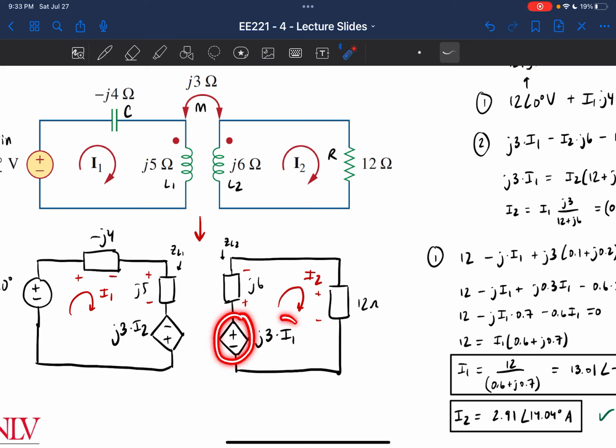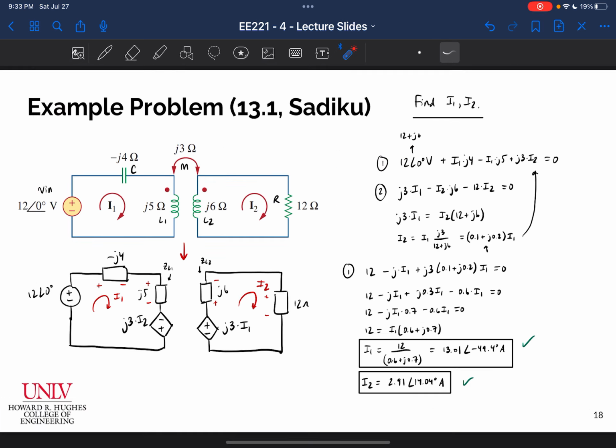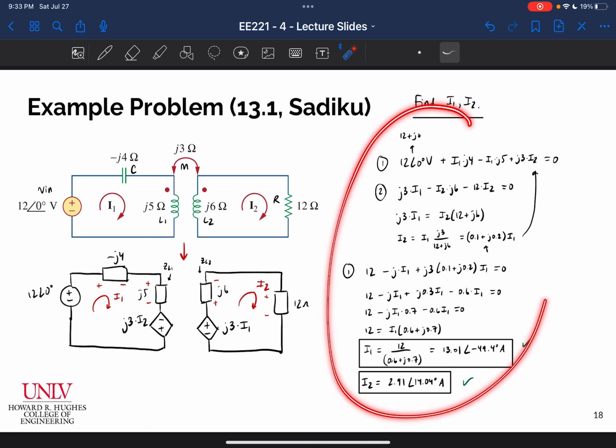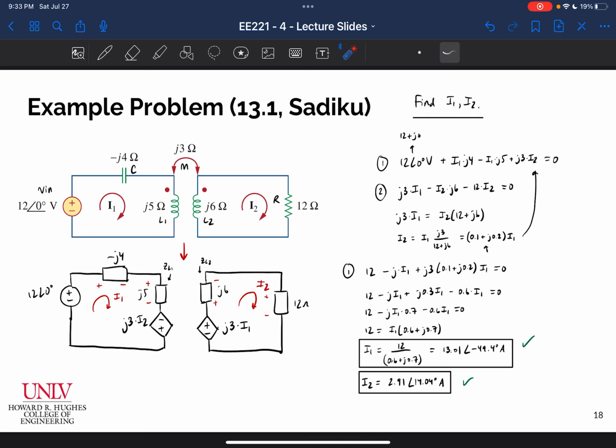This dependent voltage source is dependent on I1 because this current I1 is what's inducing that voltage in the other loop.